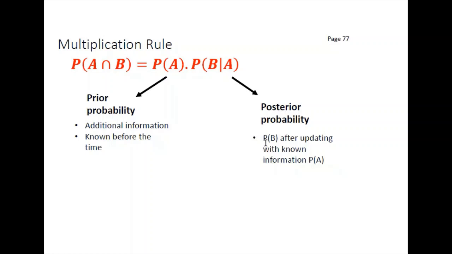It means the probability of B after updating with known information about probability of A. So it is the updated probability, because we already know that A has occurred previously, and by using this additional information we can update the probability of B.